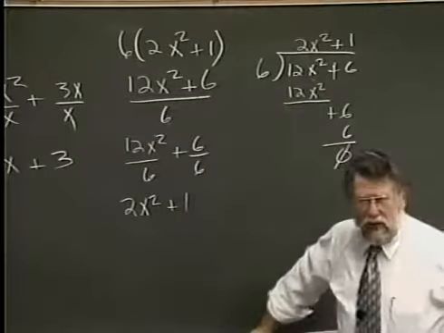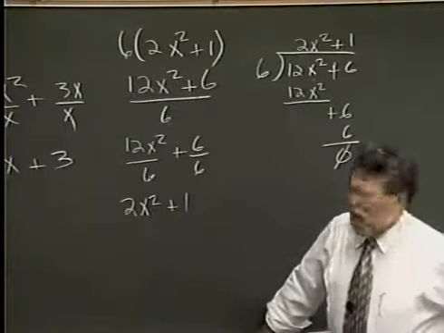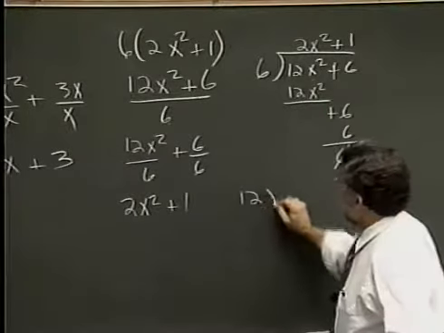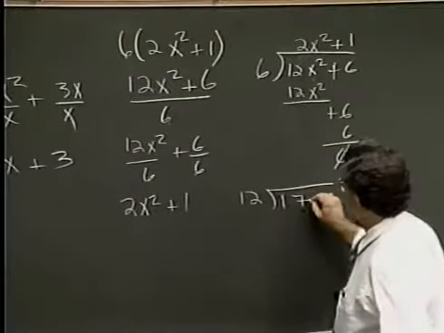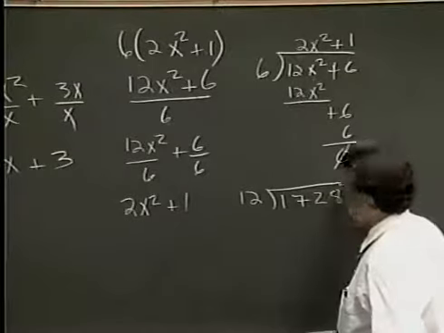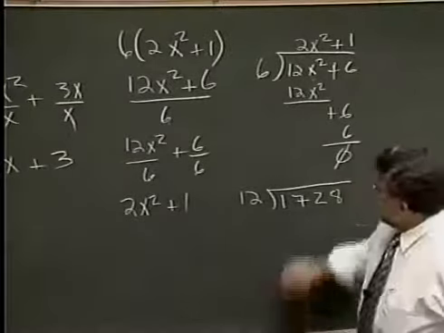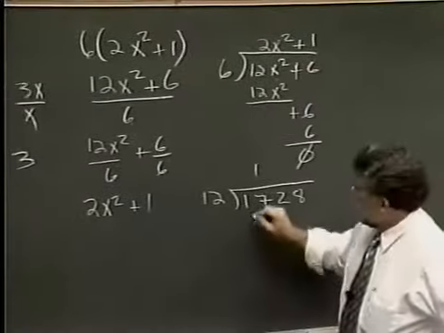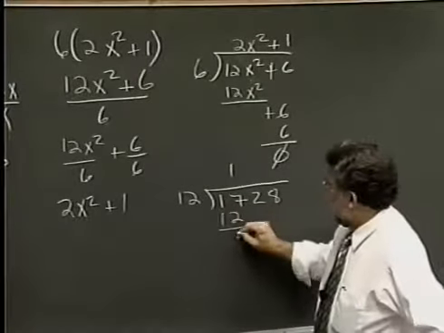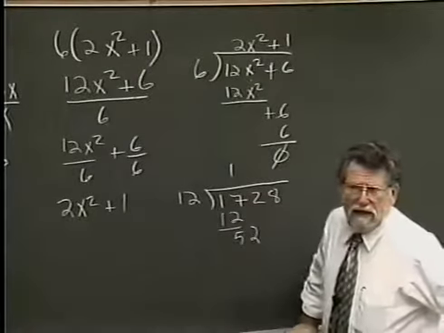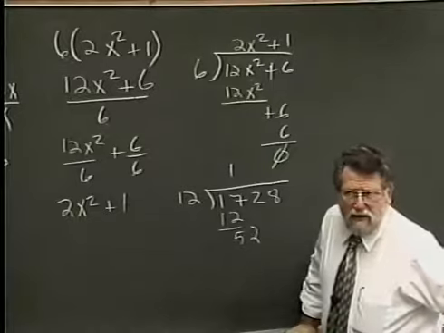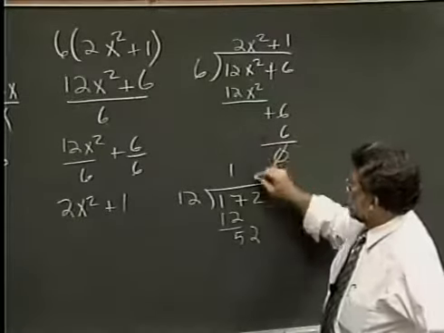This is a long division algorithm that is not all that different from what we do if we take 12 into the 1728, where I'm saying the 12 into the 17 goes once, I subtract, I get the 5, and you bring down the next digit and proceed. It's the same process that I'm illustrating here.